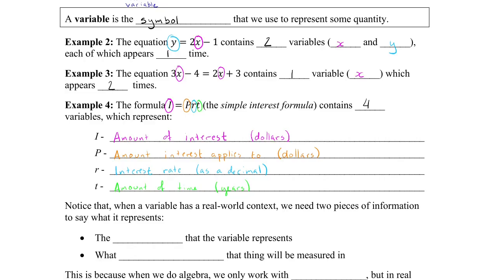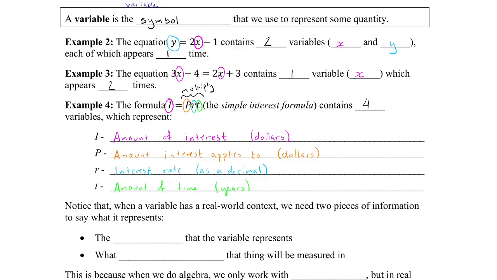Now, what this formula is telling us then is that to take the amount of interest, we take P, the amount that the interest applies to, R, the interest rate as a decimal, and T, the time in years, and we multiply those together. When we write variables next to each other like that, that means multiply. And so that's telling us how simple interest is calculated.